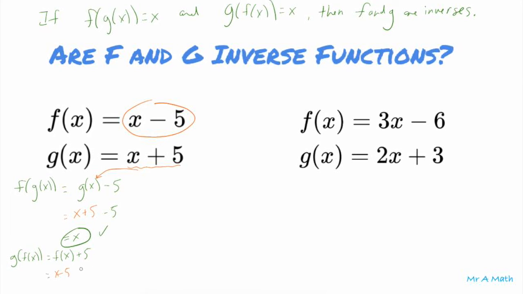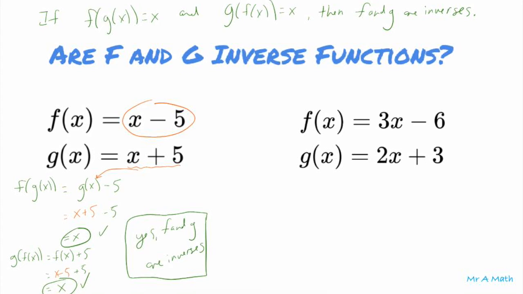And so it just stays x minus 5 plus 5. Well, what is x minus 5 plus 5? That's just equal to x. So both of these situations work. So I can say yes, f and g are inverses, because when I plugged in g into f and f into g, I got back just x.